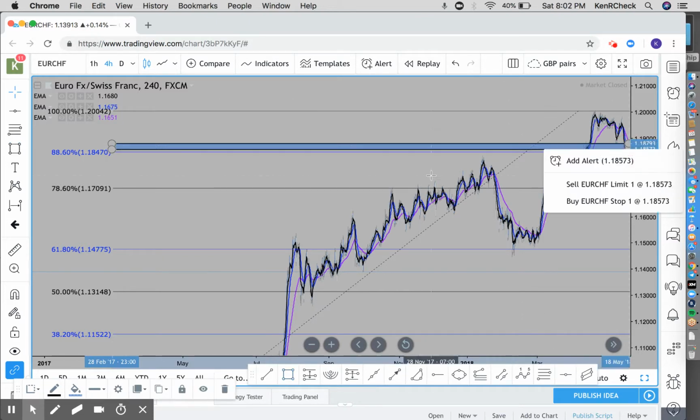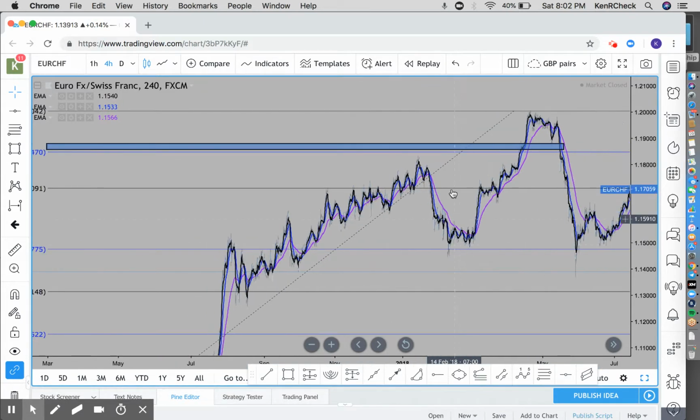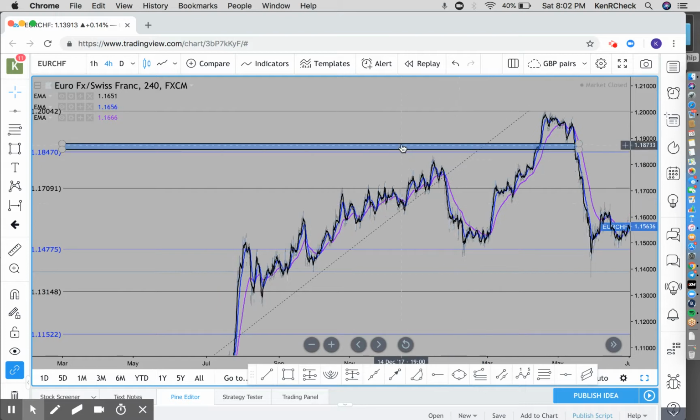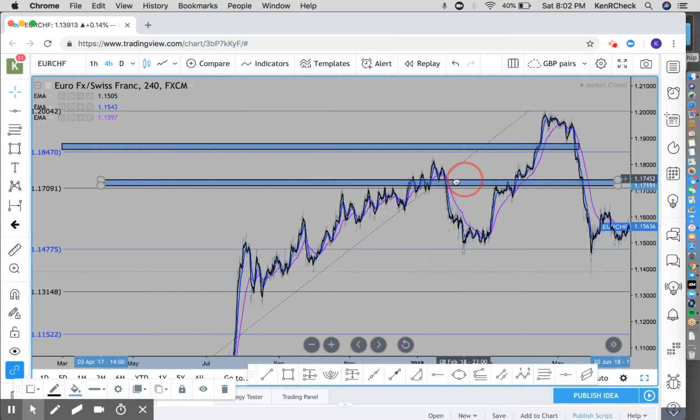So just know in advance, Euro CHF is the complete opposite of what the Euro USD is currently doing, because the US dollar is completely different from how the Swiss franc is moving. So as you guys can see, it's a downtrend market, right? So what we're going to do is clone all these and make sure that we have all of our major zones marked up.